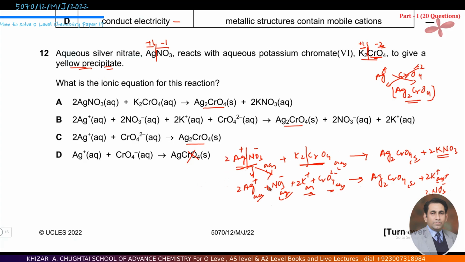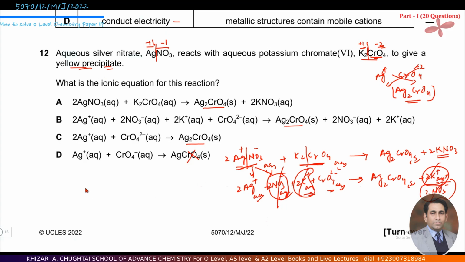2 will be over here, 2 will be over here. So the spectator ions are the potassium ions, present on both sides, 2 moles of potassium ions. Nitrate ions are also spectator ions, also present on both sides. So I'm canceling them out.